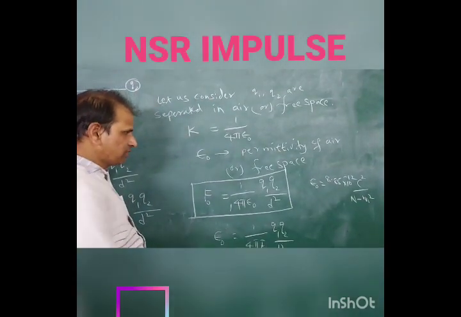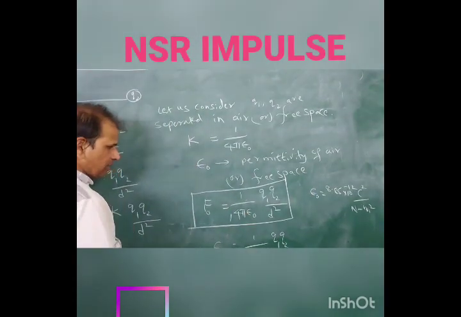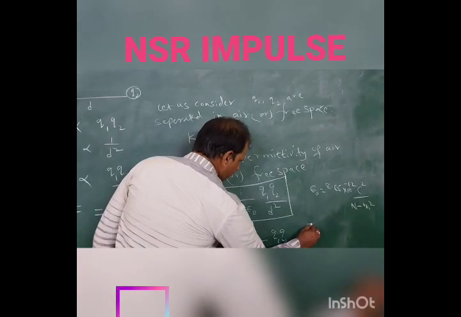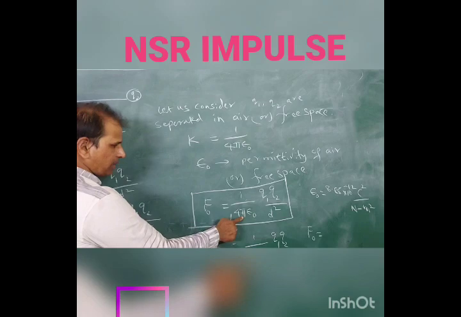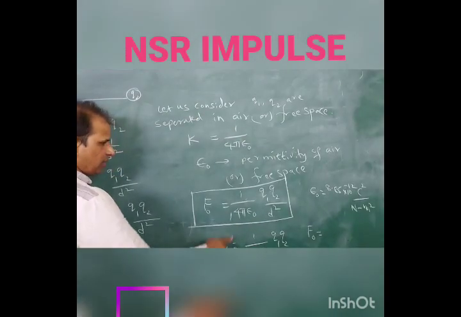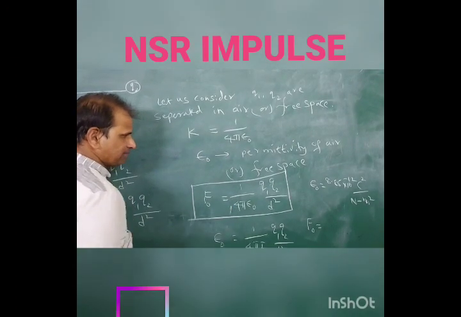So if we substitute this epsilon naught value in this equation, then this total constant becomes F naught is equal to 1 by 4 pi into epsilon naught. What is epsilon naught? 8.85 into 10 power minus 12.